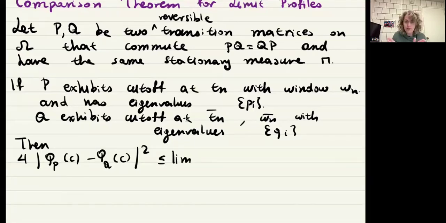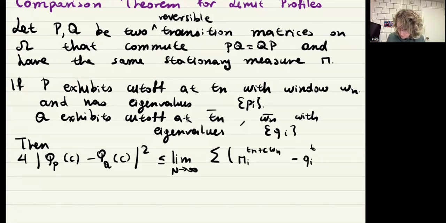Then to bound their distance, all we need to do is look at the eigenvalues of the first one at the cutoff time plus the window, c W_n, minus the eigenvalues of the other one, so with bars at the respective cutoff time, squared.